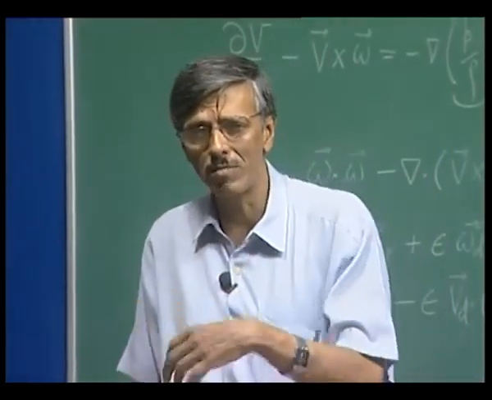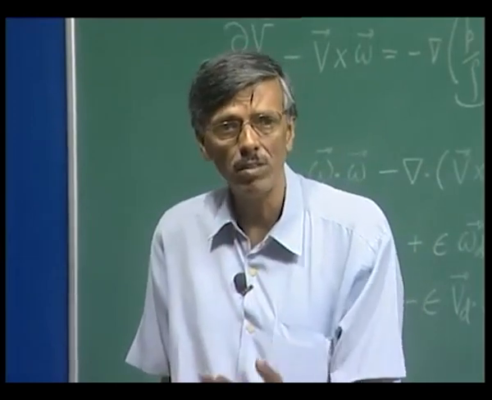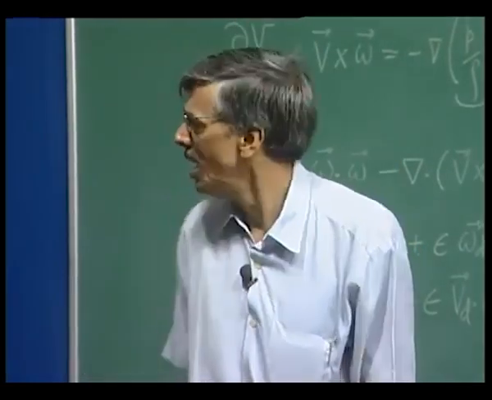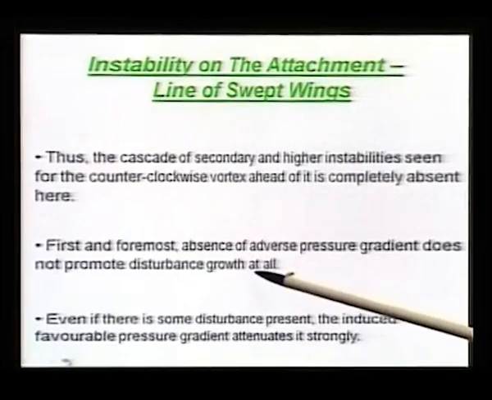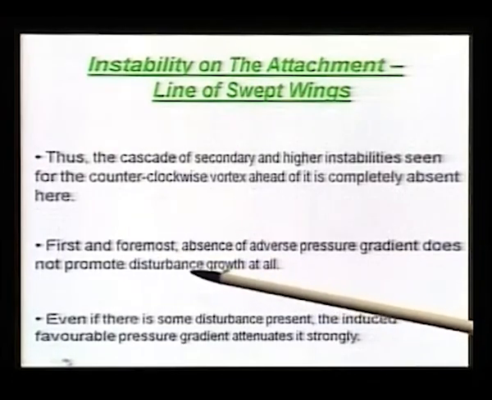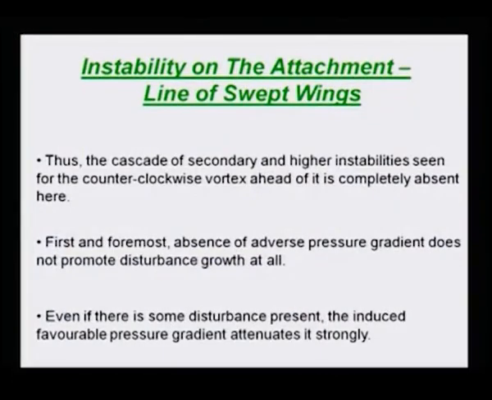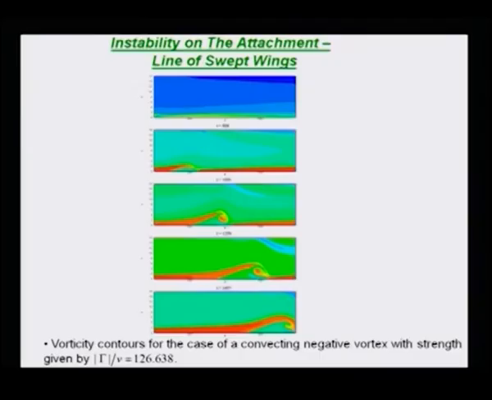Even though you can create some kind of large disturbance, it is going to be attenuated due to the favorable pressure, and there is no question of secondary or higher instabilities showing up there. So, this is something that we would like to see, that the disturbance growth is not promoted, and even if there is some, it would be attenuated very strongly ahead of the vortex, and if something is going to take place, that should be behind the vortex, right. That is what we see in this picture rather clearly.